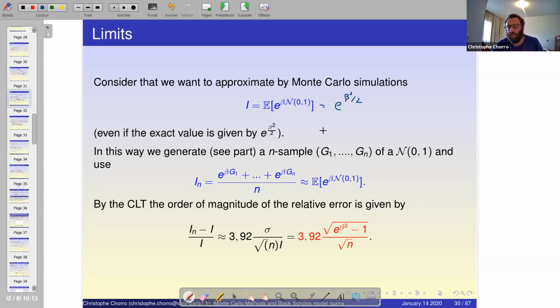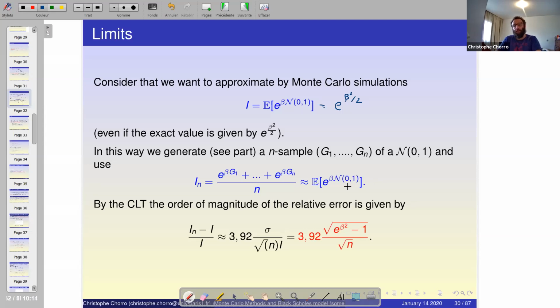But suppose at this stage that I am able to generate independent realizations of N(0,1). And I know from the strong law of large numbers that if I want to approximate this expectation using this n-sample, I just have to compute this average that I will denote by I_n. And when n is large, this quantity converges almost surely and in L1 toward the expectation of interest.